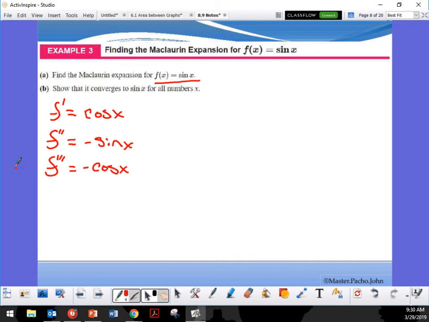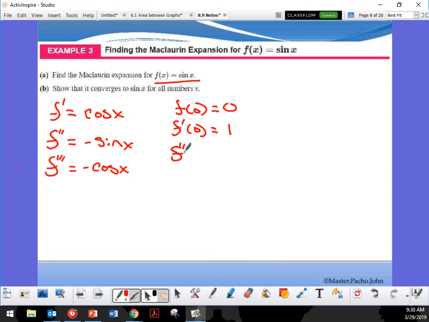So where's this centered? Around 0, right? So it's going to be f of 0 is 0. F prime of 0 is going to be 1.